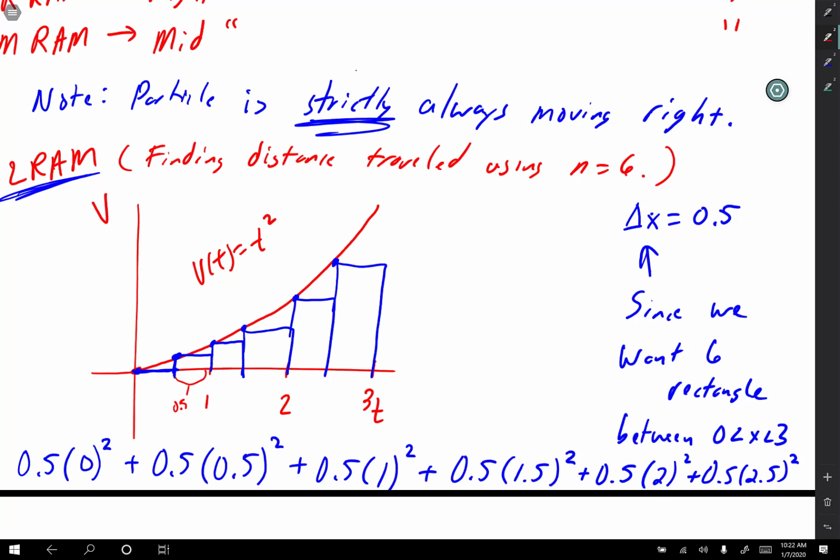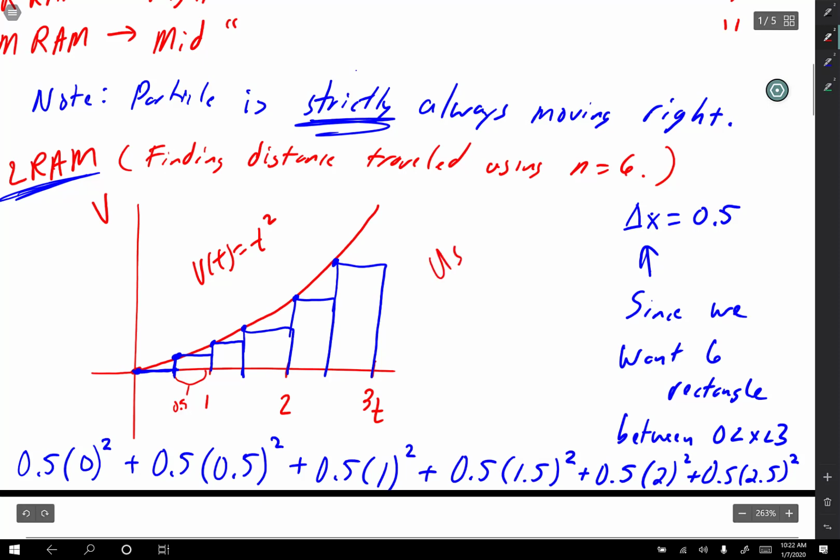And I'm not insulting your intelligence. I know that 1 squared is 1, but I'm just putting it in here so you can see. Plus 1.5 squared plus 2 squared plus 2.5 squared. If I did everything correct, which I hope I did, I got 6.875.